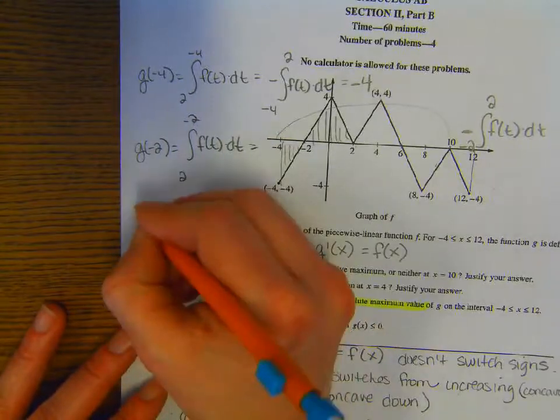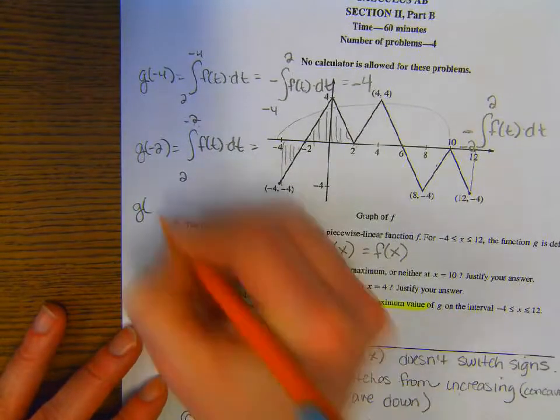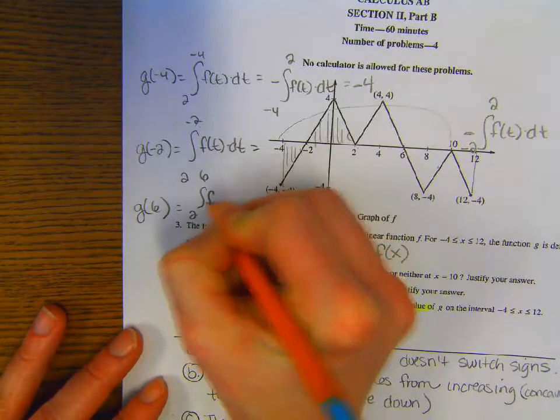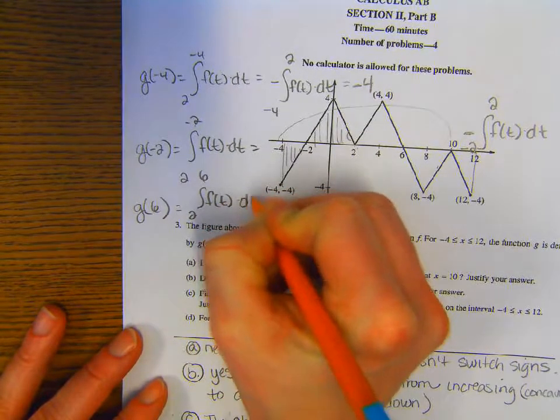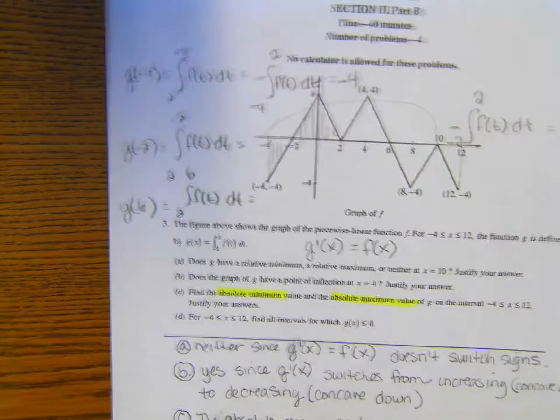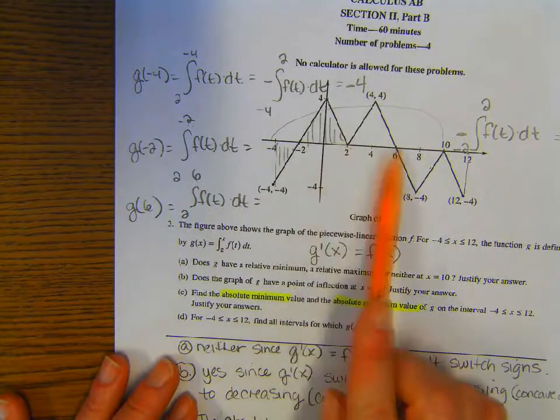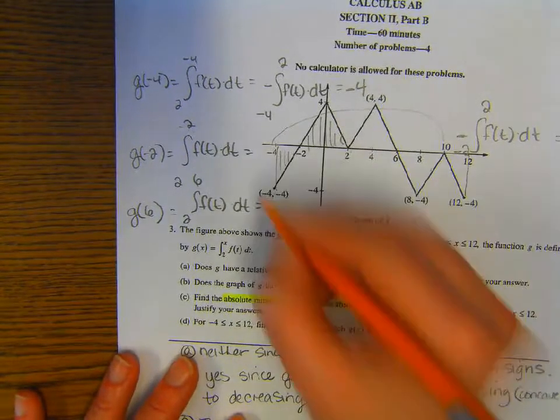All right, g of 6 is the integral from 2 to 6 of f of t dt. I do not make it negative, so what's 2 to 6? That one's positive 8.